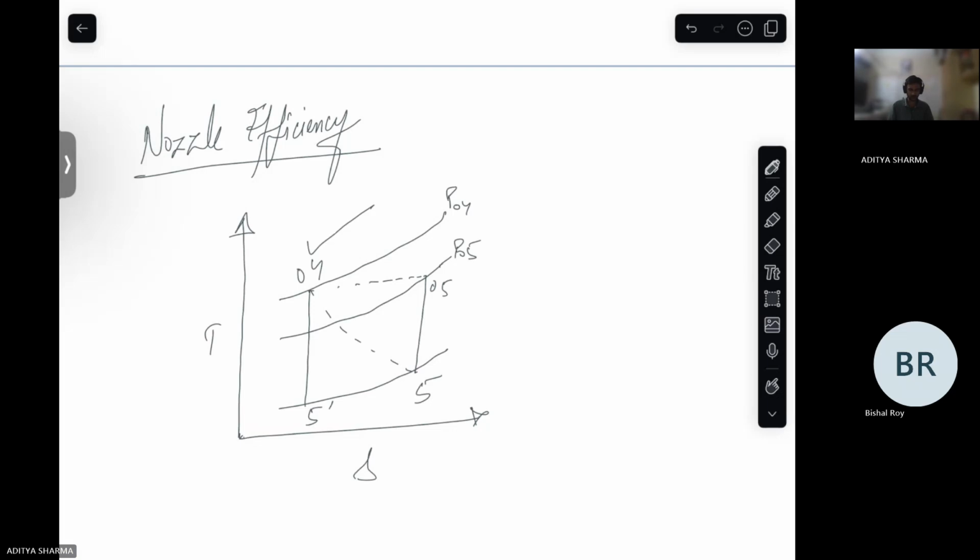From your turbine exit, we assume that at the entry of the nozzle the conditions are stagnant and we neglect kinetic energy. And in that case, when your nozzle is used, ideally it should move from state 04 to 5 prime, but in the real scenario, it is moving from 04 to position 5. Okay.